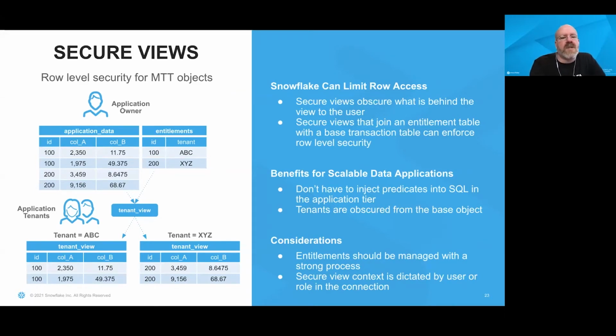This means that you don't have to build complex SQL injection into your application to inject predicates into all of your queries to make sure they're filtered by a particular tenant whenever they're going back to Snowflake. But it does mean that you need to think about a process to manage your entitlements table so that it's not accidentally updated by a developer in the wrong way.